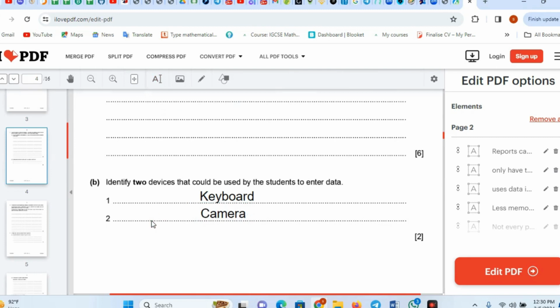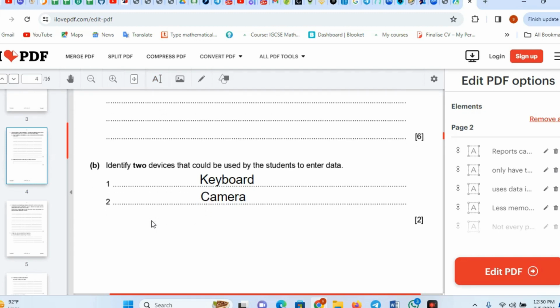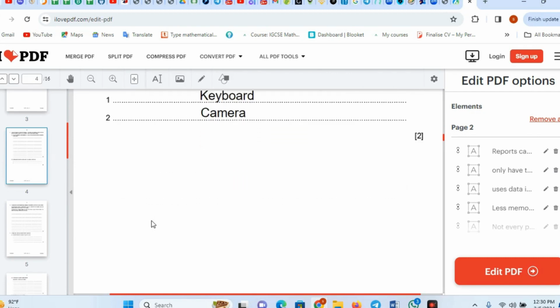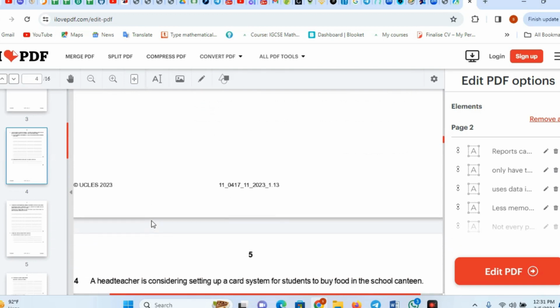That is, you can start touching your screen and start typing it there instead of using the keyboard. We all know that, right? Good. So another one is you can record it on your phone using a microphone. You put it down instead of writing or using the keyboard or the camera.